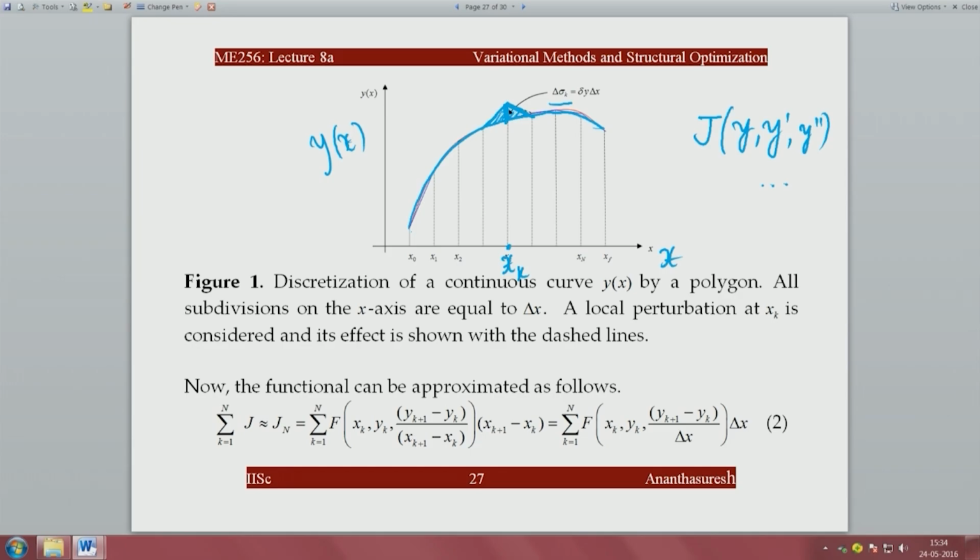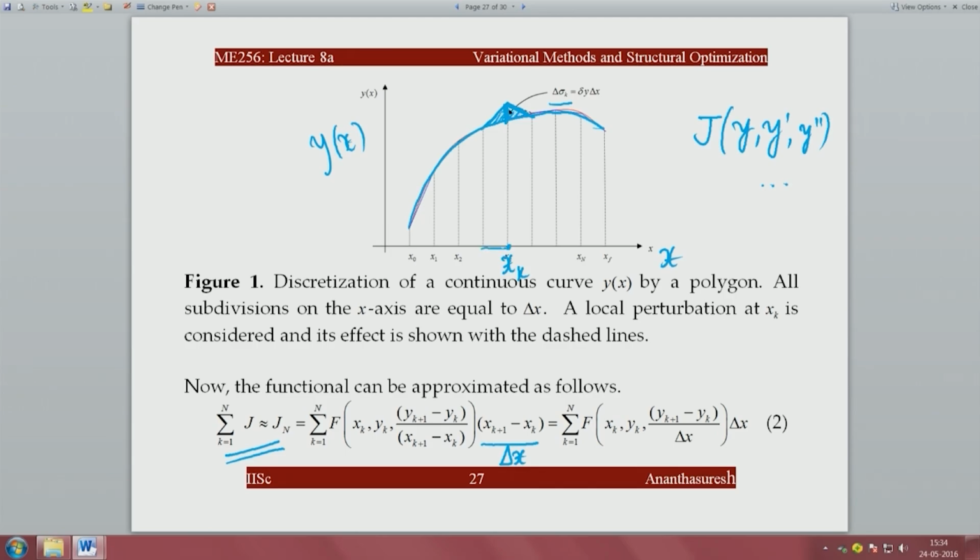When you consider that total change, you can write it as a summation of this function times x_{k+1} minus x_k. This is more like Δx, the small interval that we are taking.